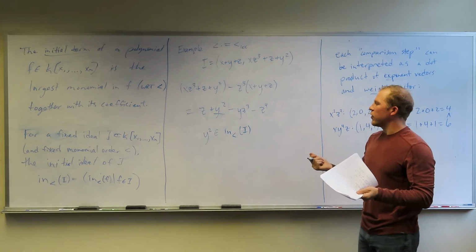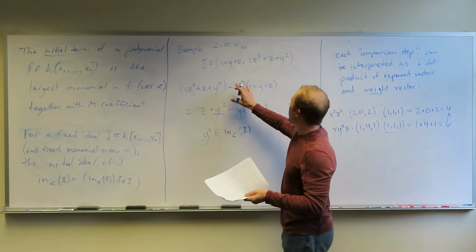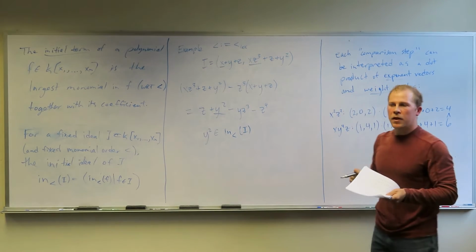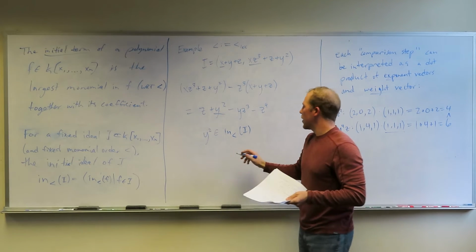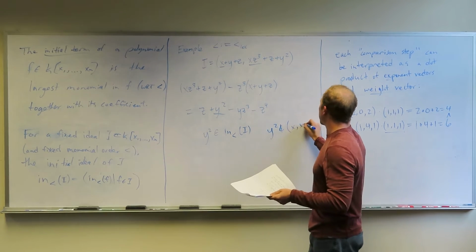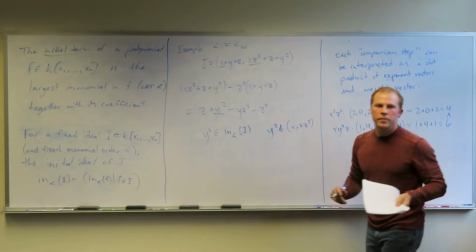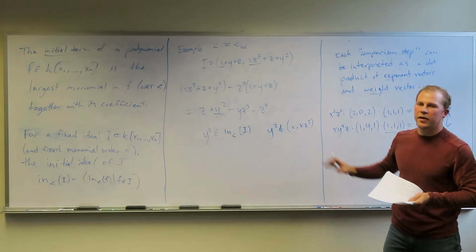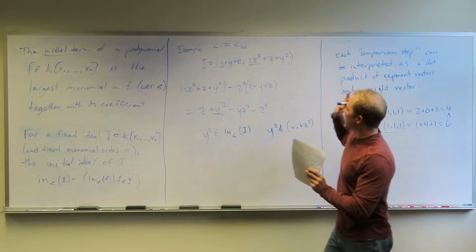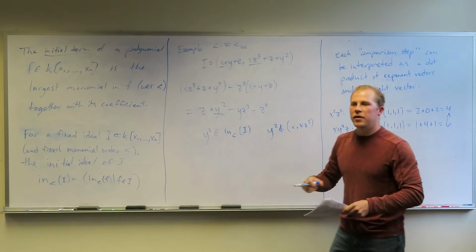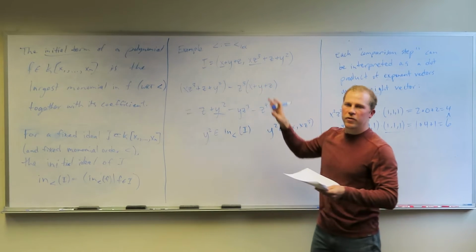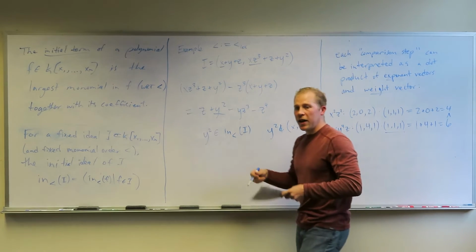But if we tried to just generate the initial ideal right off the bat without doing this, the initial terms that we started with were x and xz cubed. And y squared is not in the ideal generated by x and xz cubed, which is, I guess, just the ideal generated by x. But that's the big idea: a general basis for an ideal is not in general going to have the property that I can just look at the initial terms of the generators and get the initial ideal.